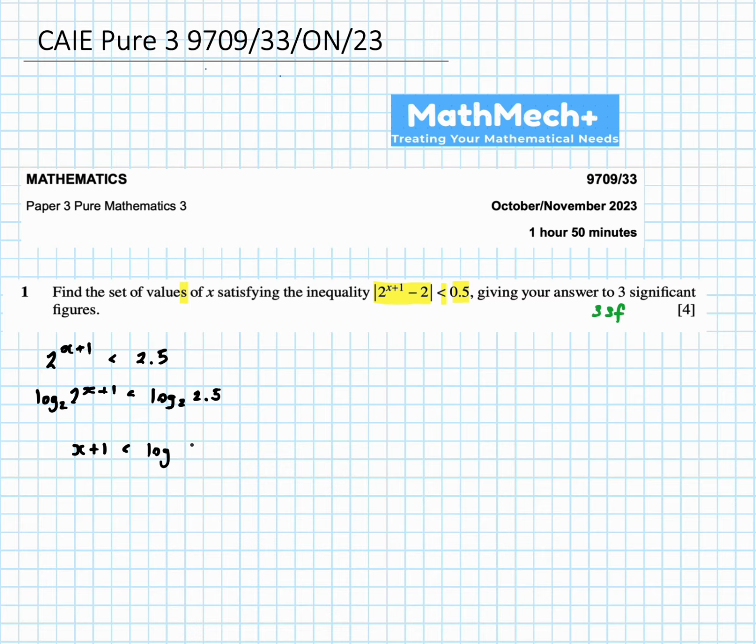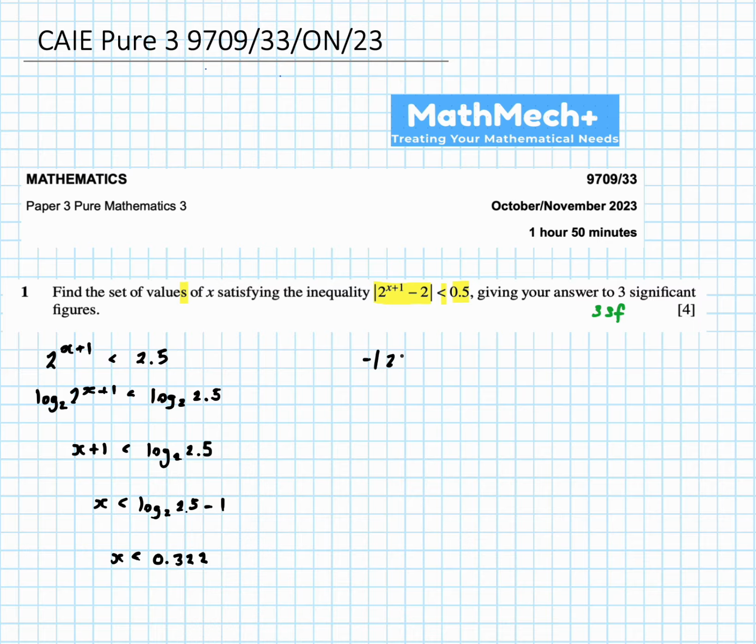So x plus 1 is less than log base 2 argument 2.5. So from there, again your general algebra, cancel plus 1 on both sides with minus 1. And you'll find x is less than, calculator out, 0.322. That's one half of it done.